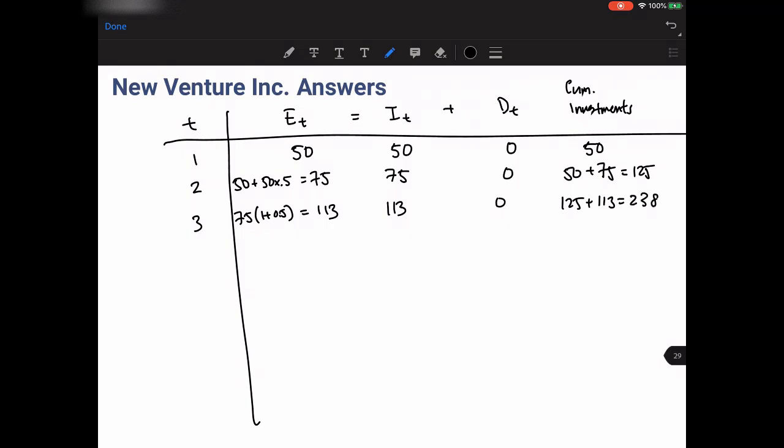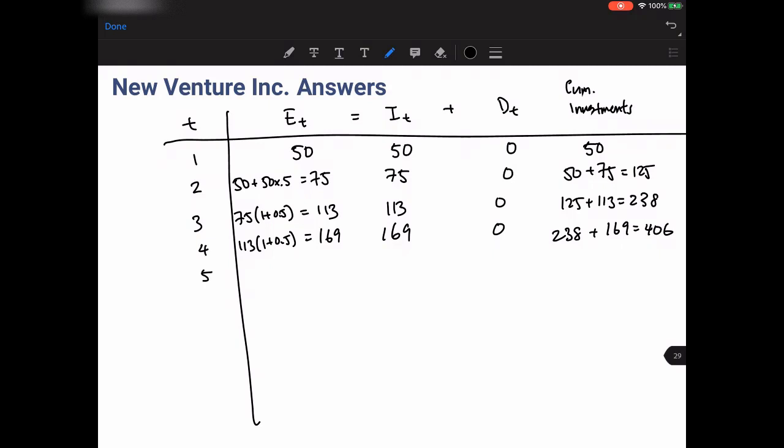And the next period we will grow our earnings again. 113 times 1 plus 0.5, which is equal to 169, and 169 will go into investments, 0 for dividends, and our cumulative number will be 406. And that's the fourth period.